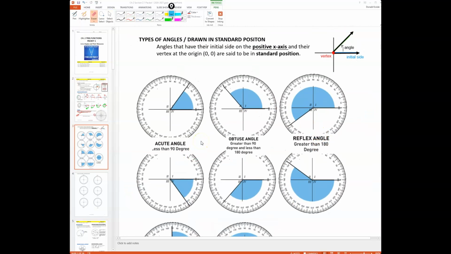So here we got different types of angles. All of these angles are drawn in standard position, meaning that they start on the positive x-axis. So these would be the initial side of each angle. The positive x-axis.